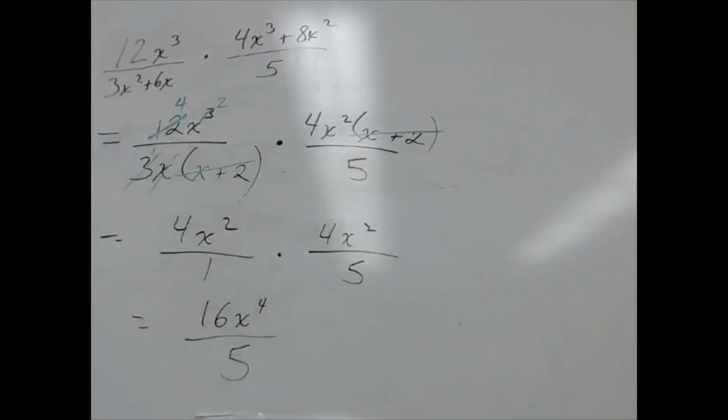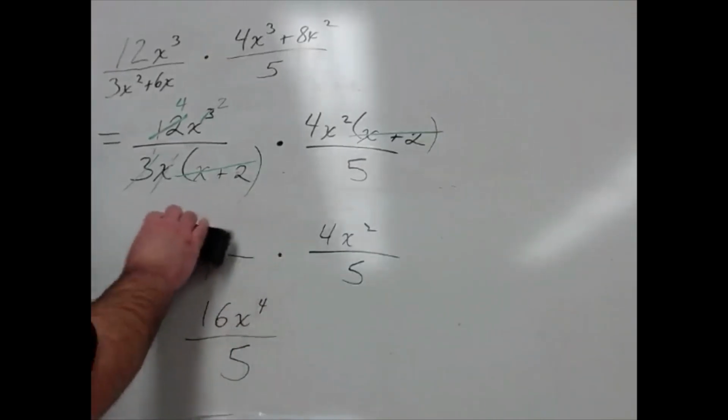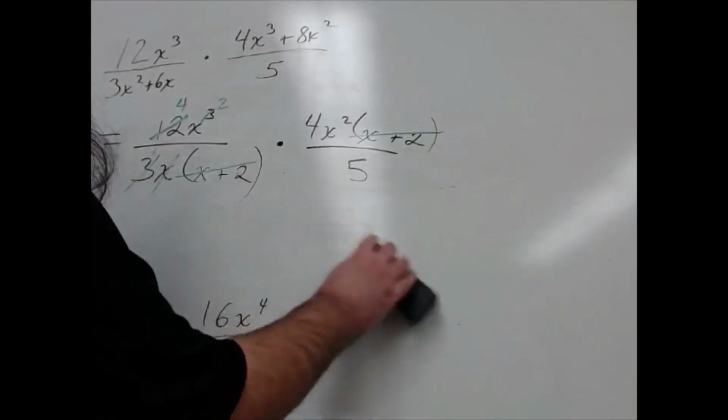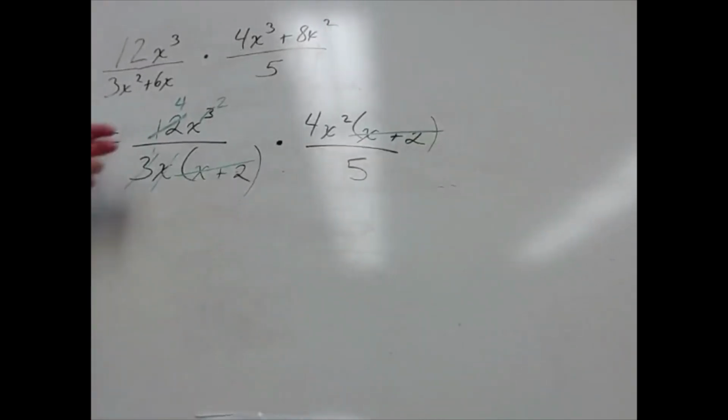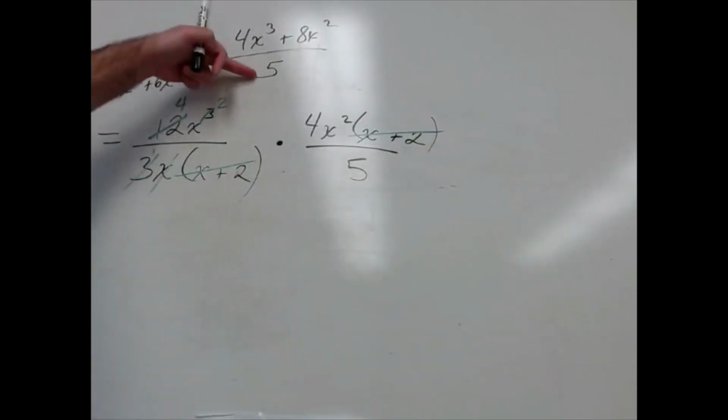Now, to get full marks for this question, you'll also need to find your non-permissible values. So your non-permissible values always come from where your denominators could potentially be equal to 0. If I look at the second fraction first, this denominator here is just the number 5.